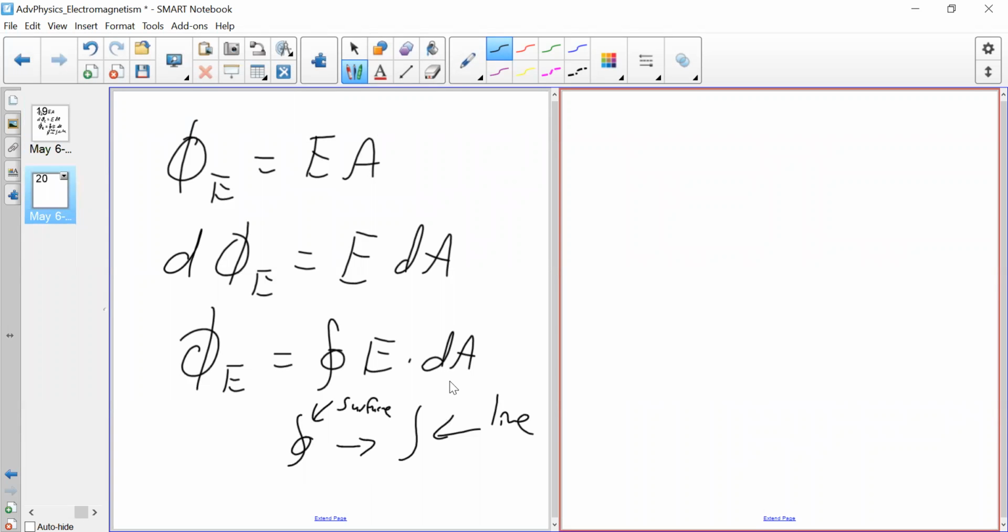So now, let's say that our Gaussian surface was spherical. We know that the surface area of a sphere would be 4 pi r squared. So let's say we have a charge moving through a Gaussian spherical surface.